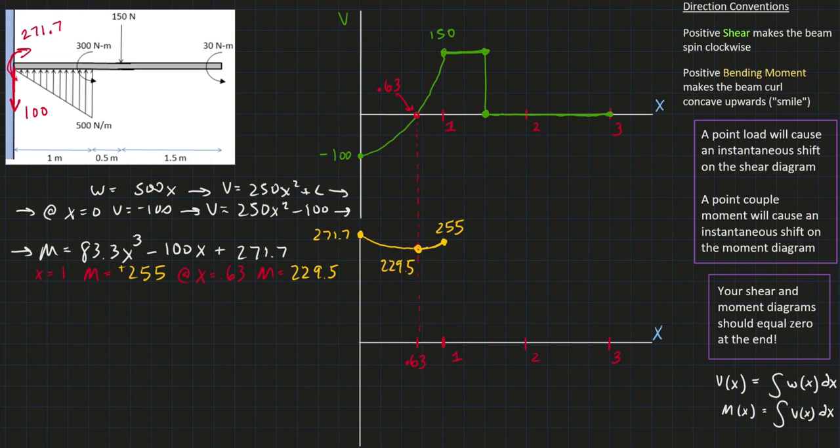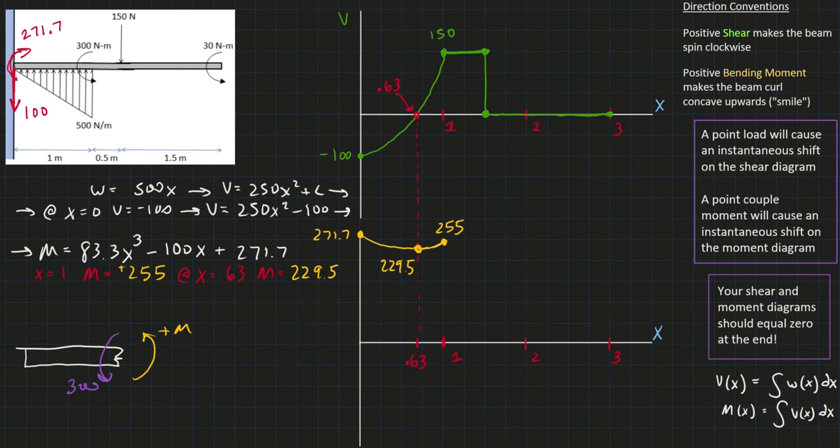So I got that. So before I take the area underneath this V curve right here, I can't forget that here is this point applied couple moment. So real quick, I got to sketch that out. If here's my 300, and here's my positive m.